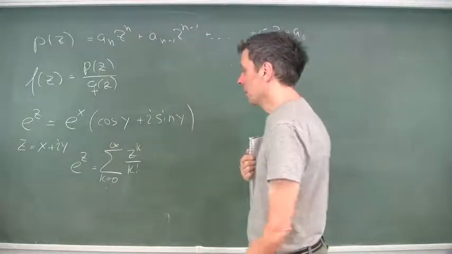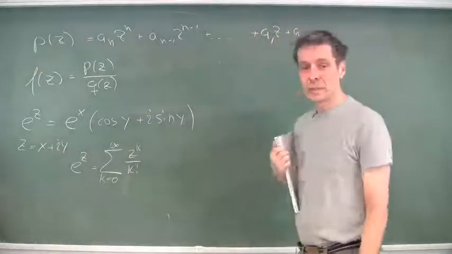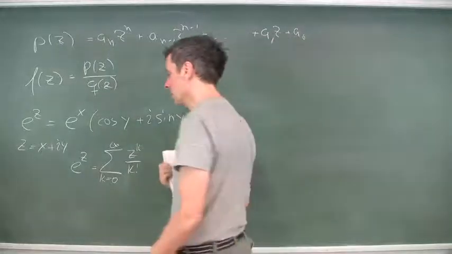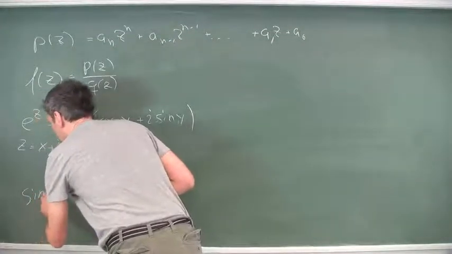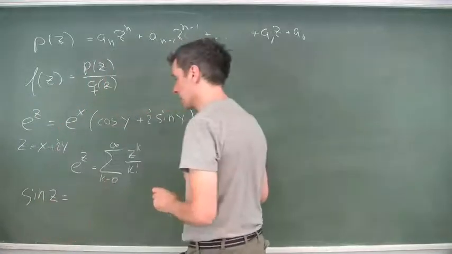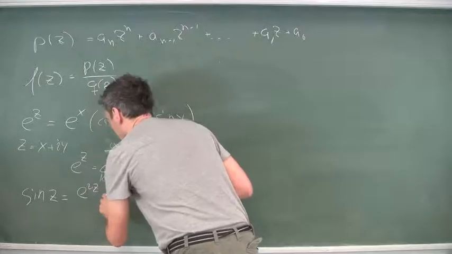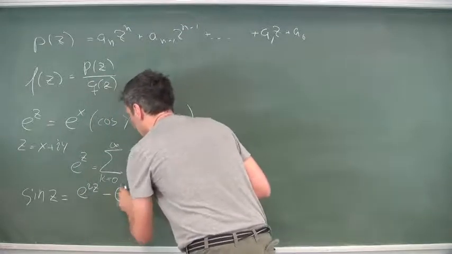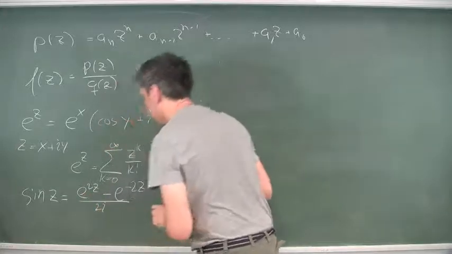And once you have the complex exponential function, you can also introduce the trigonometric functions by using Euler's formulas. So, for example, the complex sine function is defined as e to the iz minus e to the minus iz, and then divided by 2i.